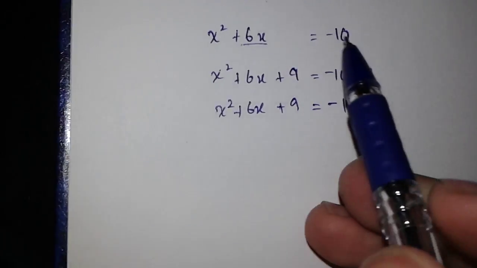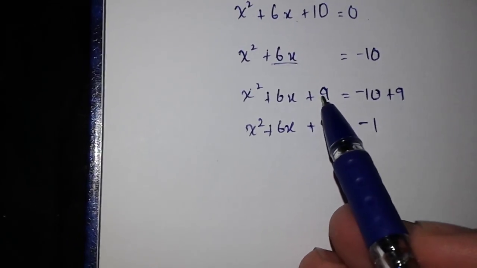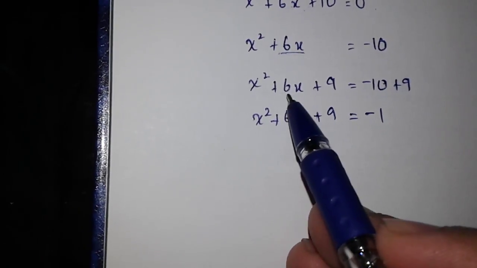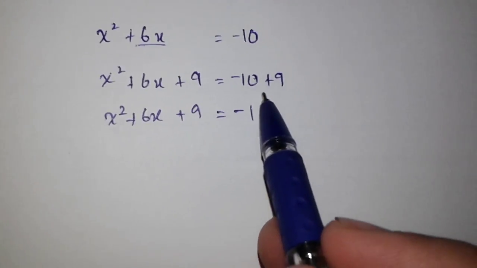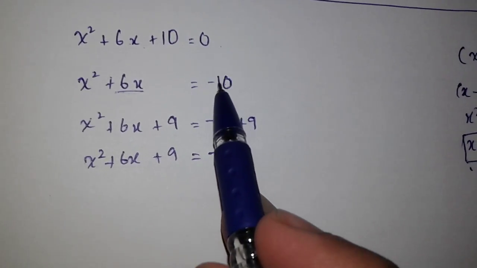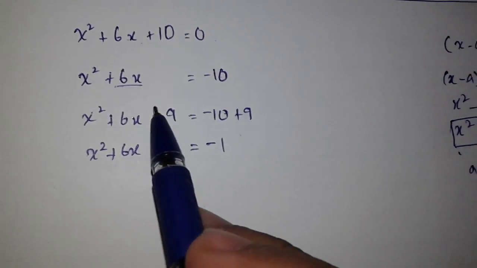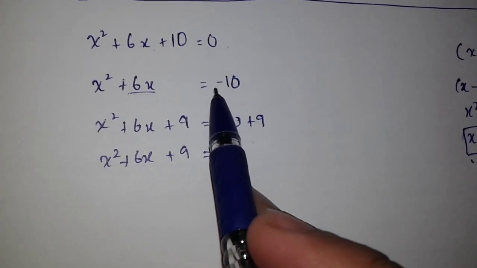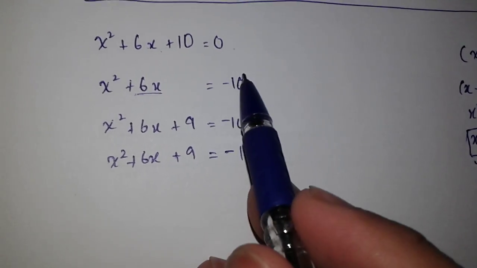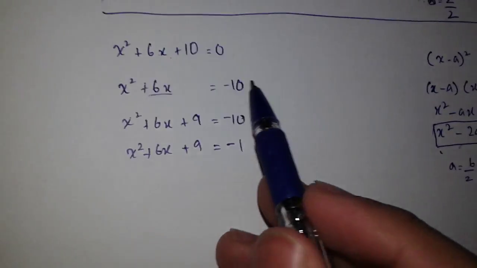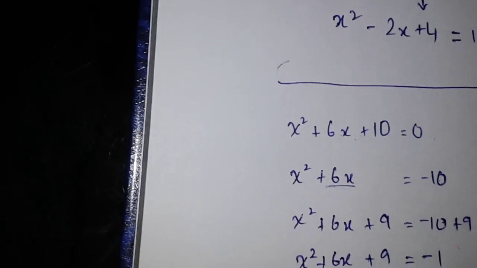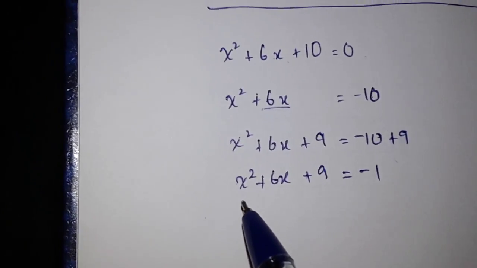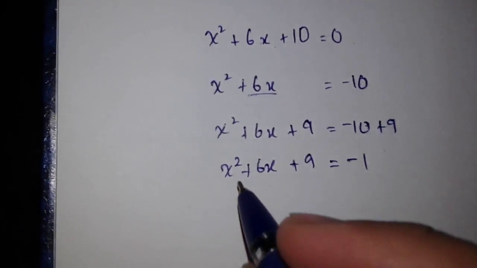Now it's also pretty obvious from here that the square of half of 6, or the square of a, is more than the constant, right? In any case, when you equate with the negative constant, you will get no solution. So to prove it, let's go further. Let's solve the equation further just to be sure.